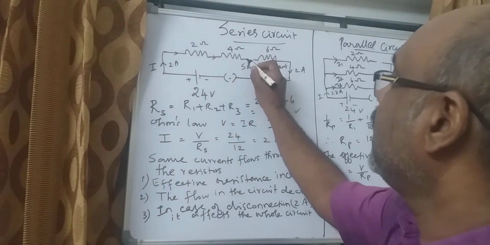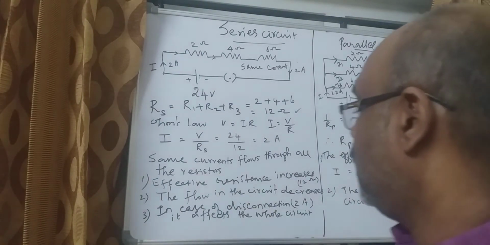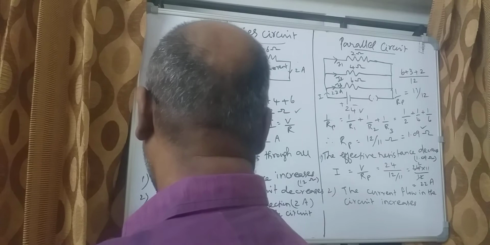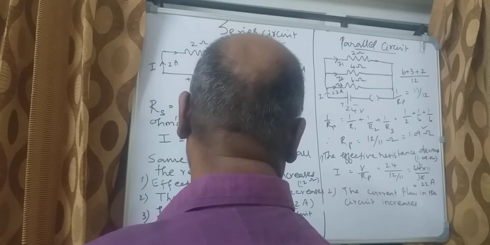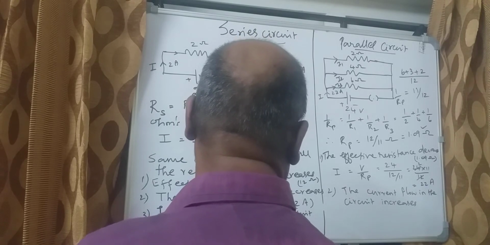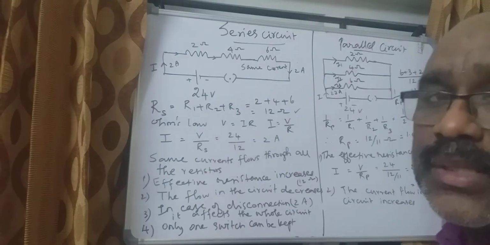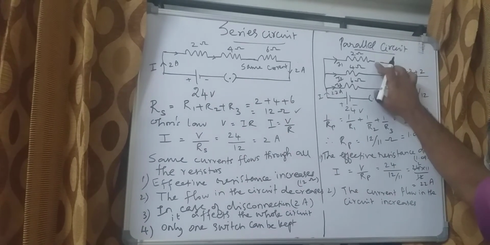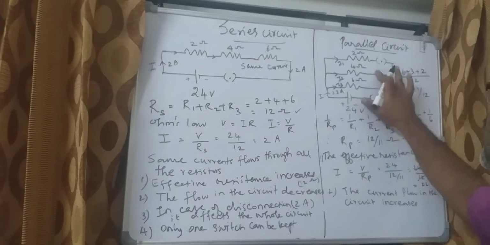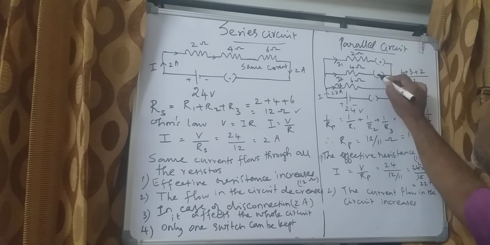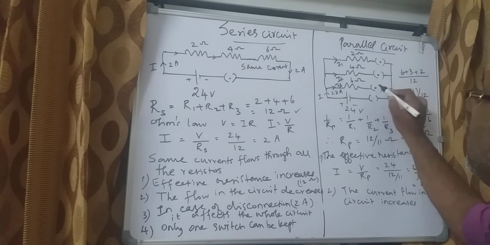And the fourth point is, what we can analyze over here is only one switch can be kept here. In this series circuit, we can give only one switch, but here not like that. If we want a switch here, if we want another switch for this resistance, we can keep, and if we want another switch here, we can even keep.